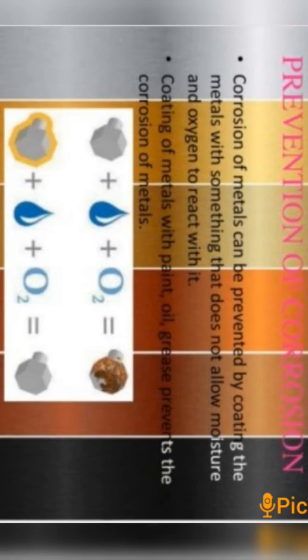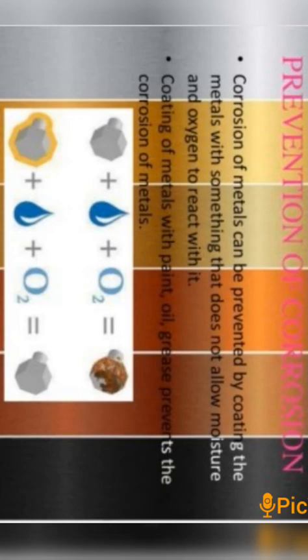The iron objects or the parts of machines can be coated with a thin layer of grease or oil, and this prevents the direct contact of metal with the air. The second method is galvanization. Iron can be prevented from corrosion by plating it with a coating of zinc, and this is called galvanization.